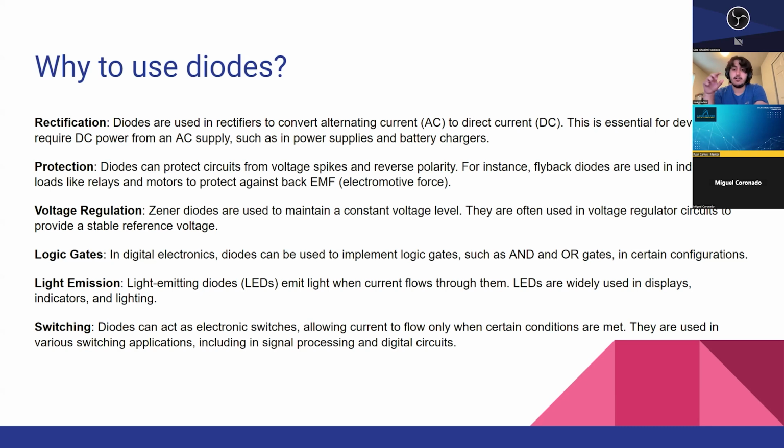Later you can have a capacitor to cut off that frequency, and you have a DC voltage. In logic gates, for example drive inverters, when you have really high switching, you don't want any inductive load or current going backwards, so you want to protect against that as well. Okay, any questions?